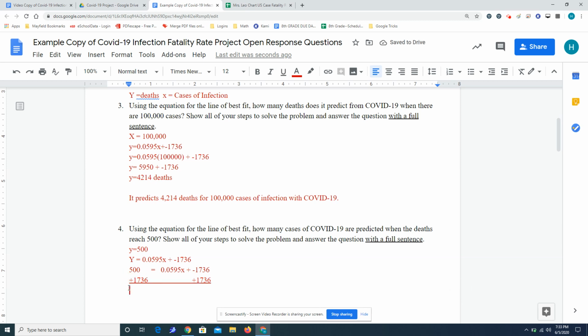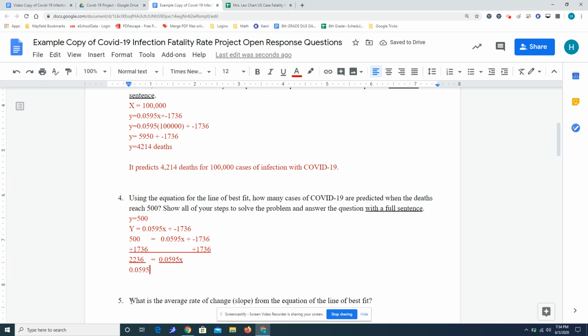And then 500 plus 1,736 is 2,236. And that equals 0.0595x. My next step is, since it's this multiplication, I have to divide by that number. I'm going to use the underline again to show division. So I'm going to divide that and that by 0.0595, both sides of my equation.